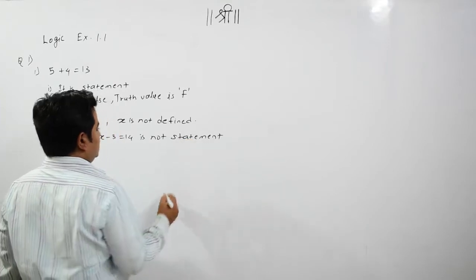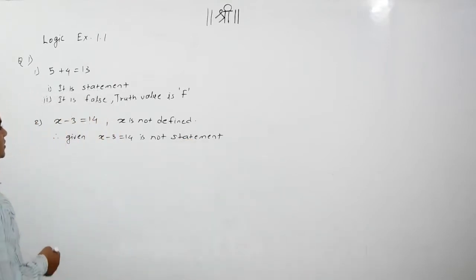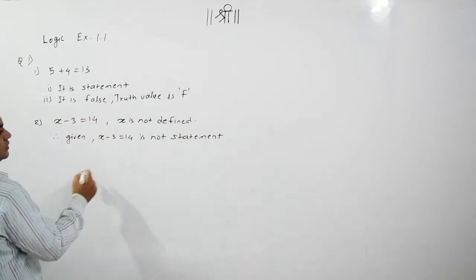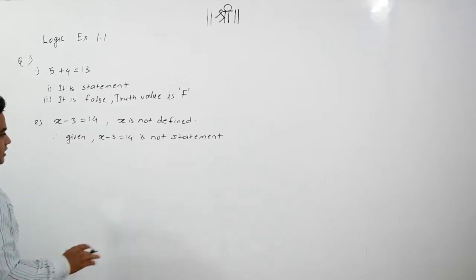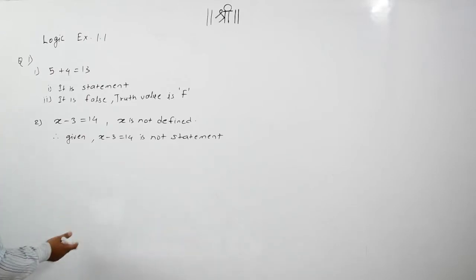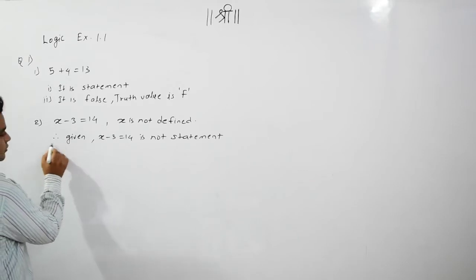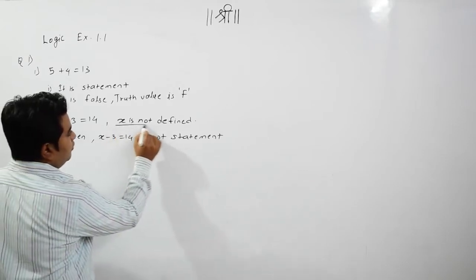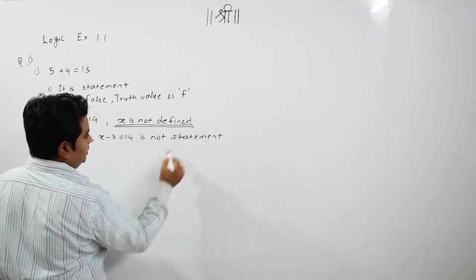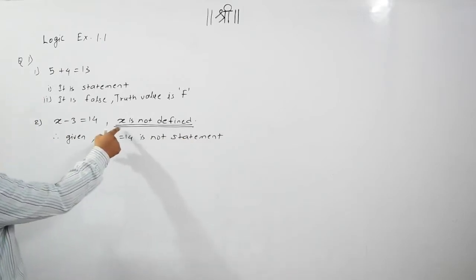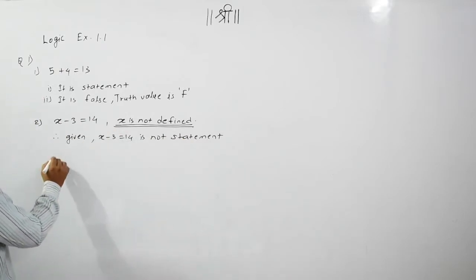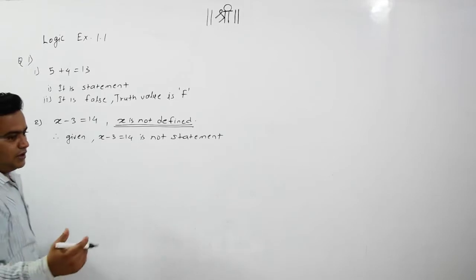Okay, hope everything is included within this. That's what we wanted, but I wanted to put the reason why it is not a statement, because this x is not defined. Let me give you another example.